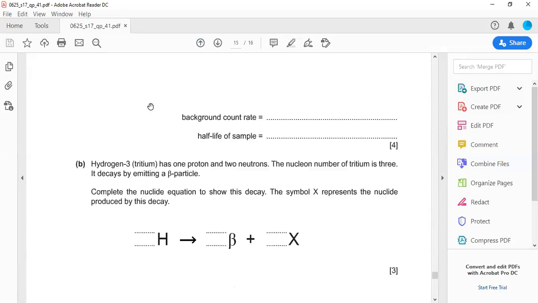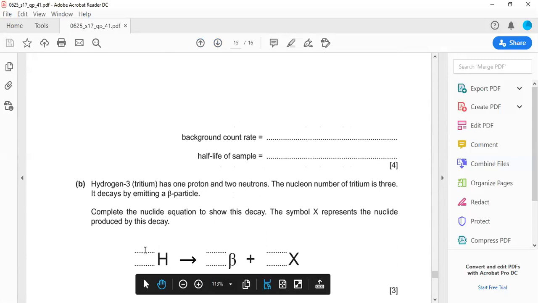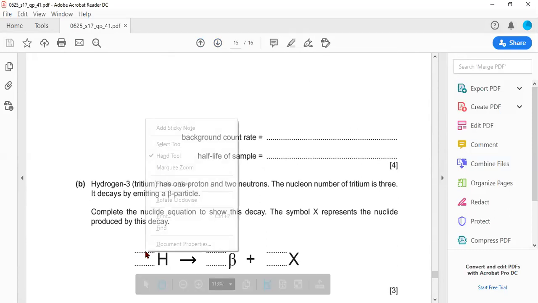Before we do that part, we'll do this part here. Hydrogen-3, or tritium, has 1 proton and 2 neutrons. So that means your mass number is going to be how much? If it has 1 proton and 2 neutrons, 1 plus 2 is how much?